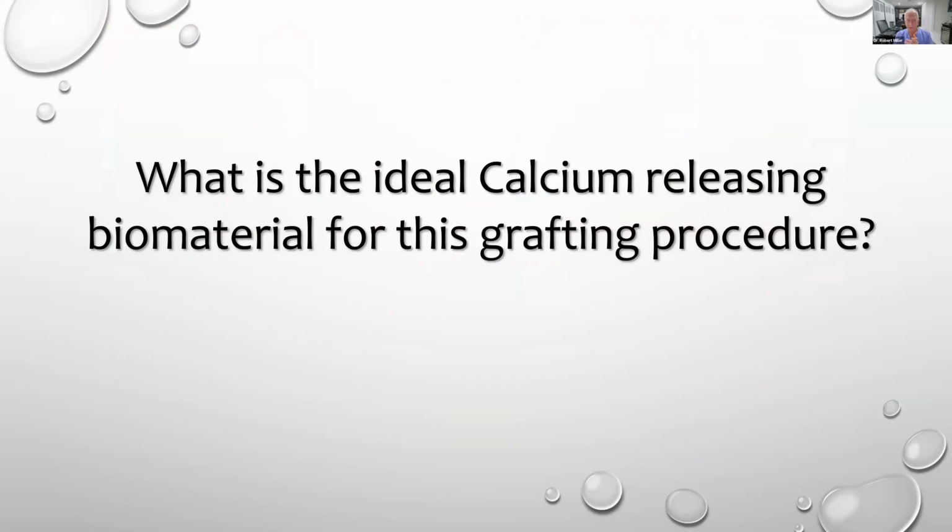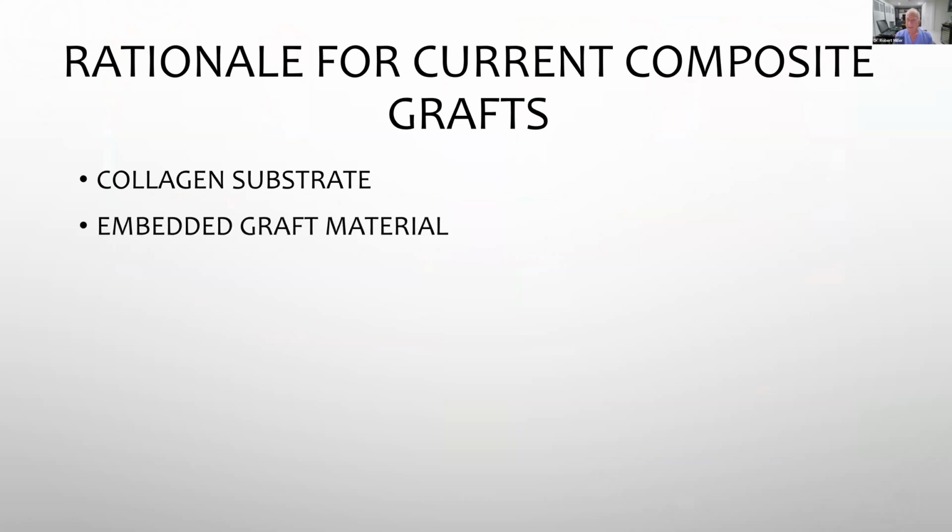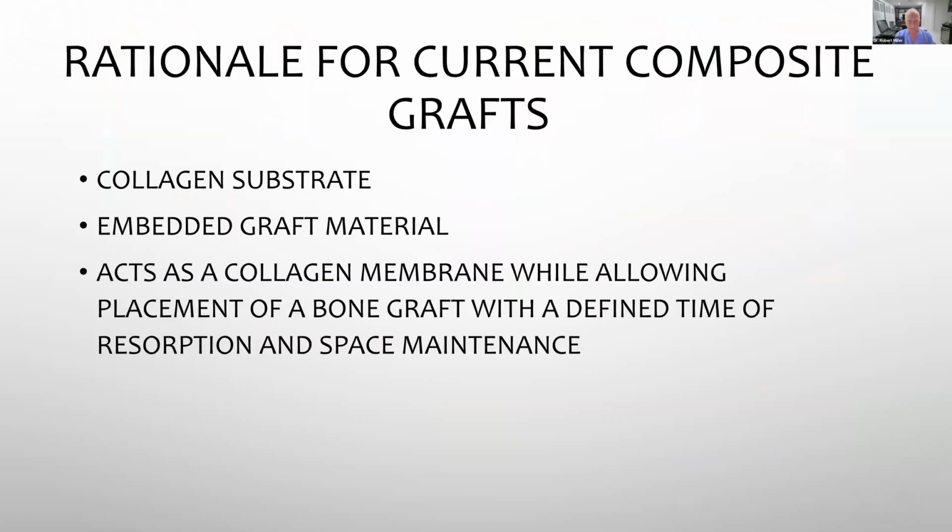So what is the ideal calcium releasing biomaterial? Well, calcium phosphates are, but there's a particular one that I'm using now because of the way it's manufactured and put together. It has a collagen substrate. It has an embedded graft material, which is a non-ceramic, non-crystalline calcium phosphate material. It acts as a collagen membrane at the same time as it's allowing bone growth.